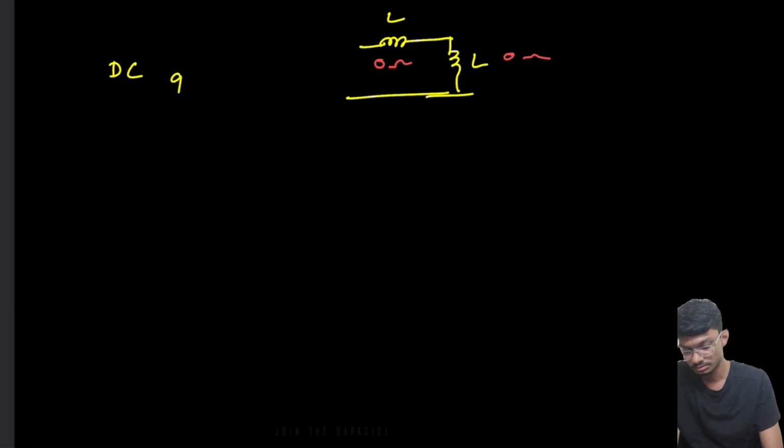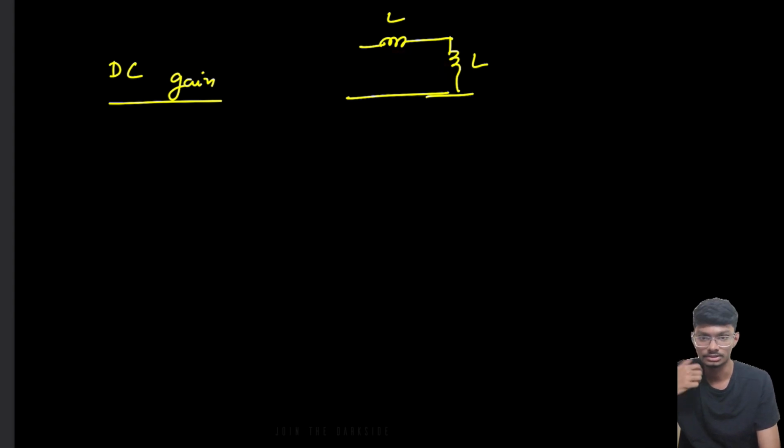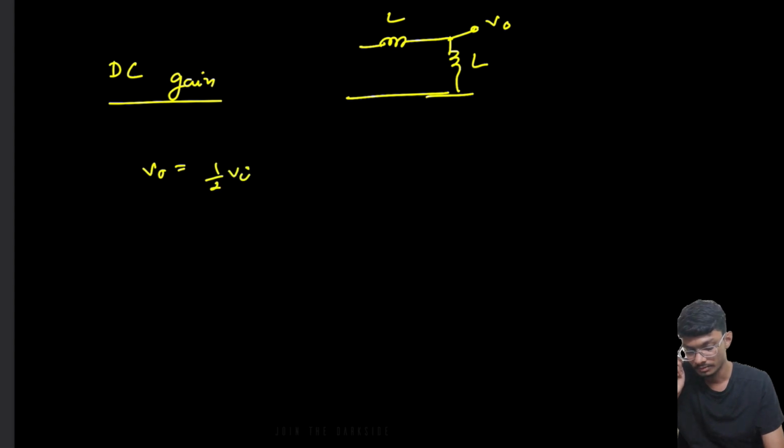So what is the DC gain? DC gain is basically the series division of these two, as these two are in series combination. So this is the VO, right? So VO will be equal to 1 by 2 times VI. So VO by VI is 1 by 2. So the DC gain is 1 by 2.